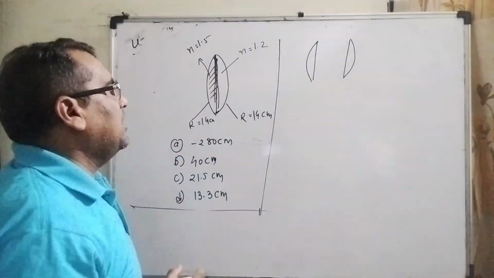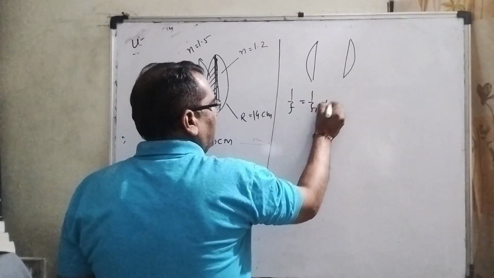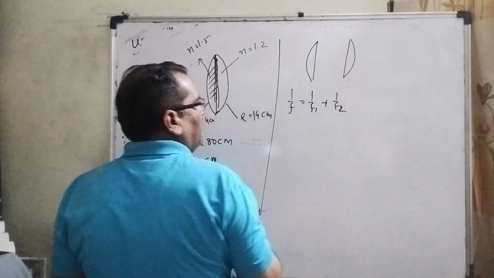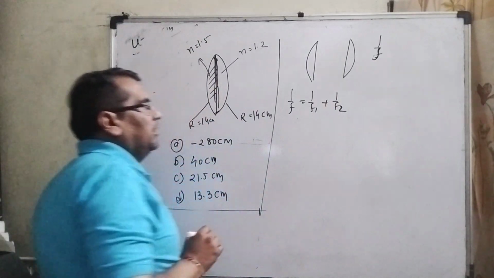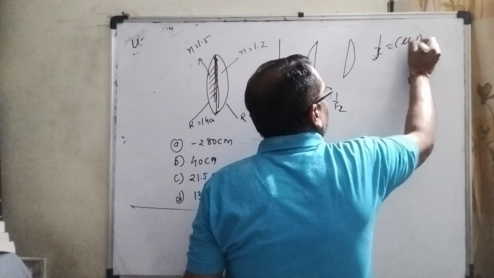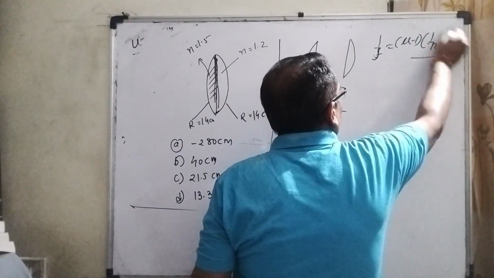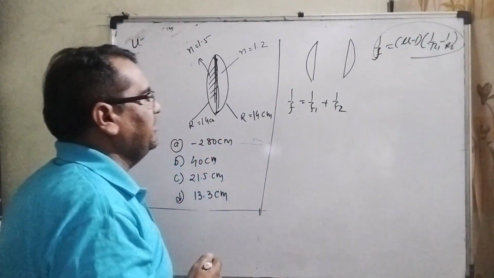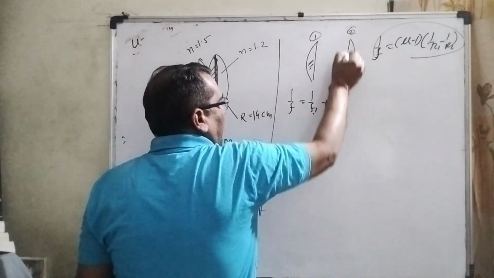Now its combined focal length can be written as 1 by f equal to 1 by f1 plus 1 by f2. And what is your formula for the lens maker formula? 1 by f equal to mu minus 1 into 1 by r1 minus 1 by r2. So we use this formula two times, f1 for the first part and f2 for the second part.